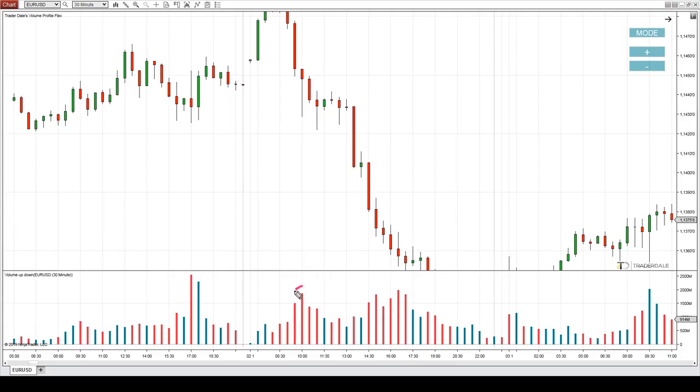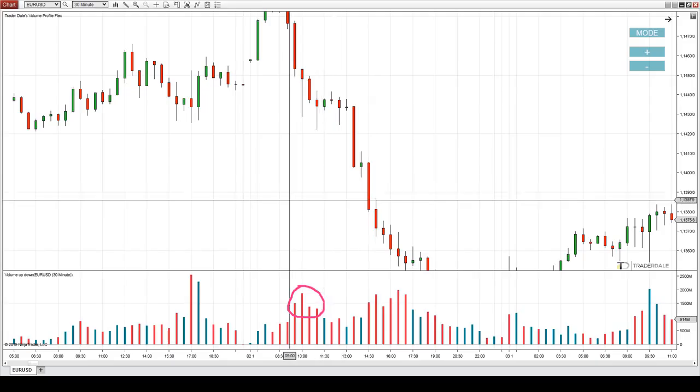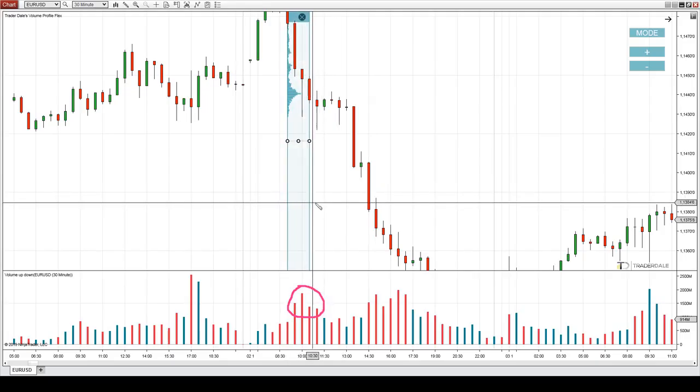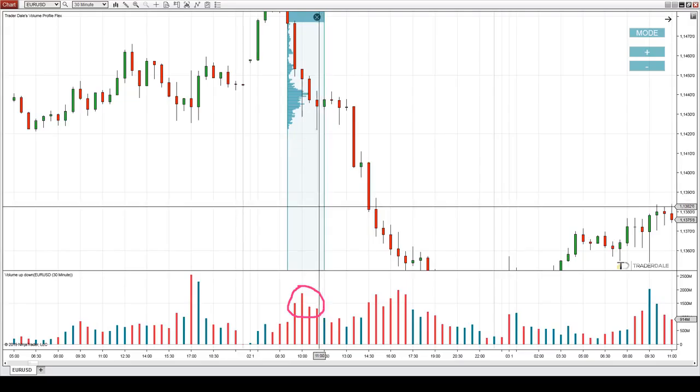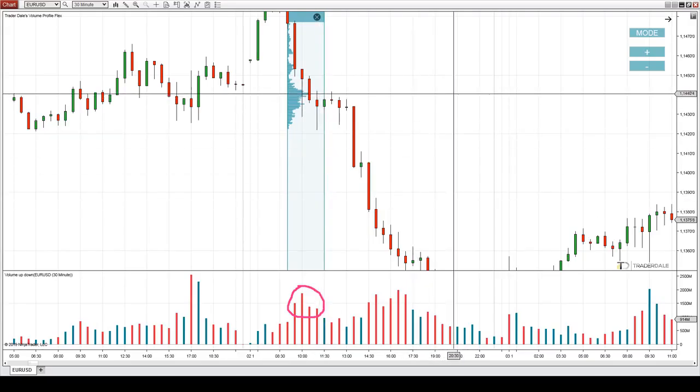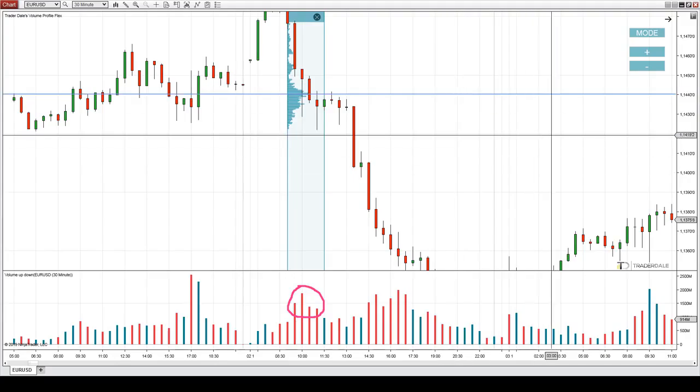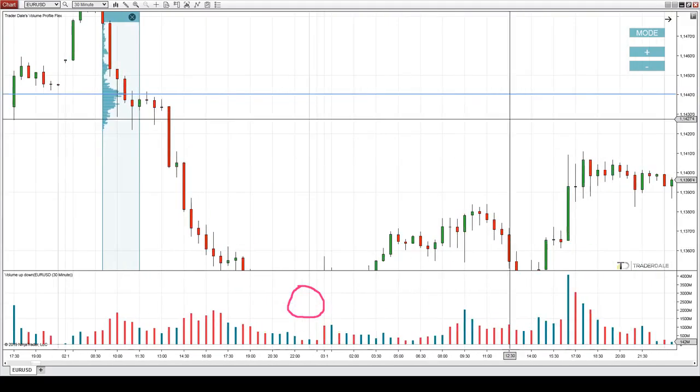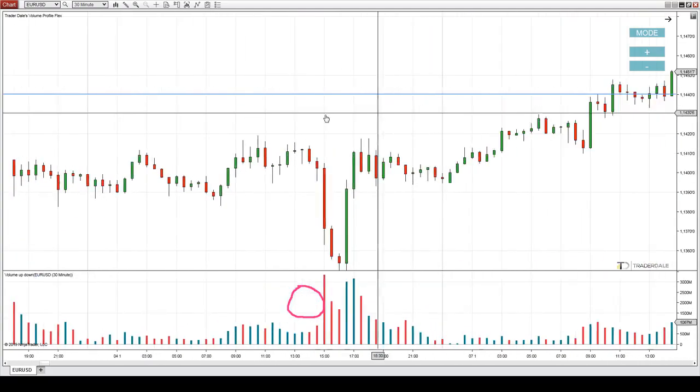So in here, there's nice volume spike right there. So I'll draw the profile over this area. Heaviest volumes being in here. So let's have a look at how the price reacted to the level.